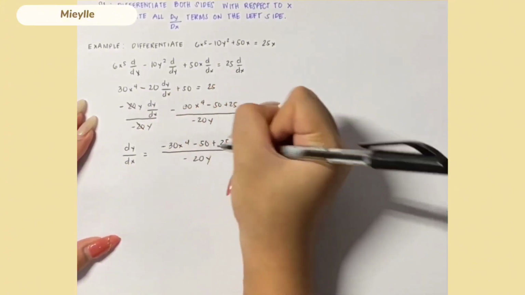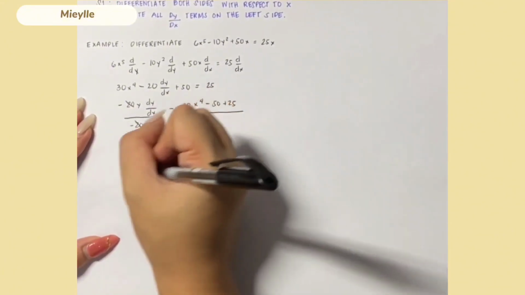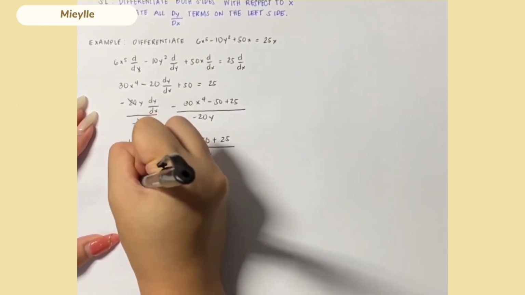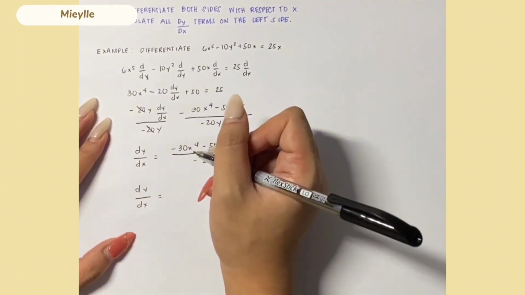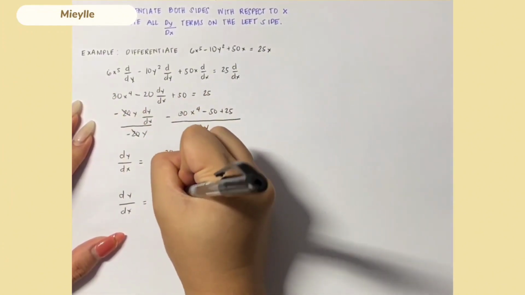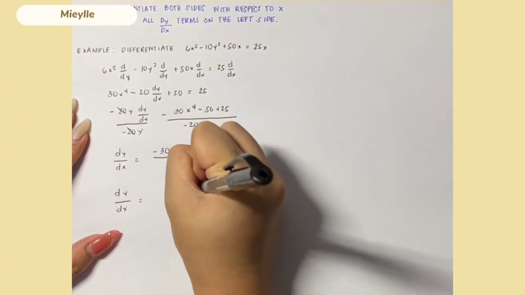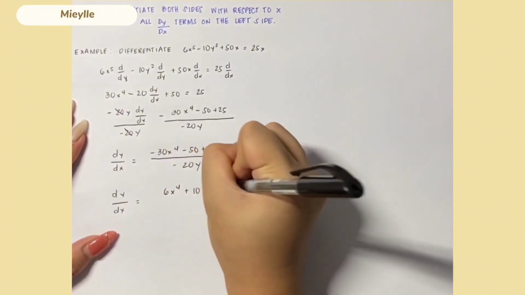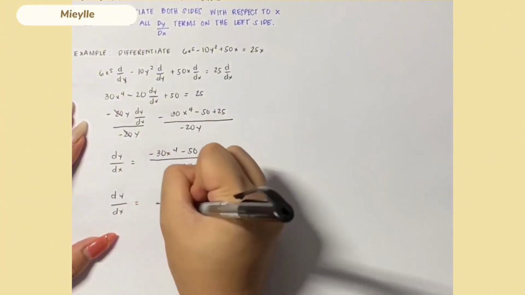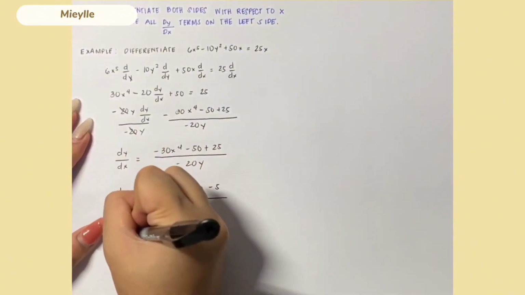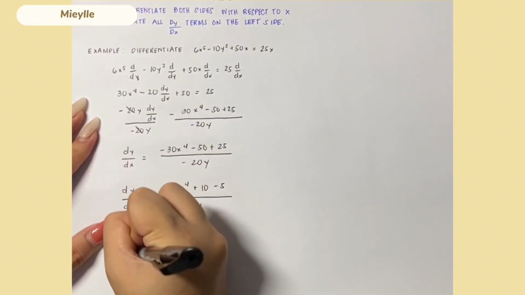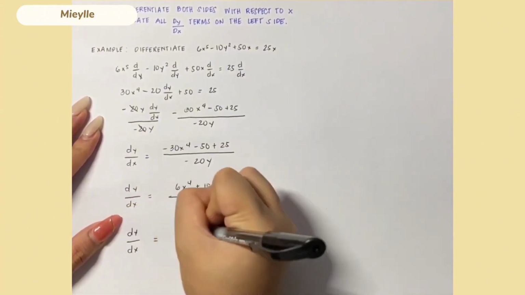Now with all the variables on the right side, we can reduce them to lowest terms by using 5. So the negative will be positive because negative divided by negative equals positive, and the positive will become negative since negative divided by positive would be negative.